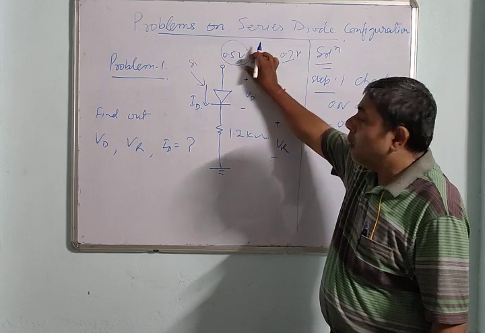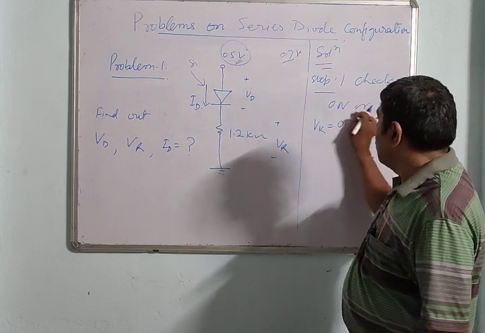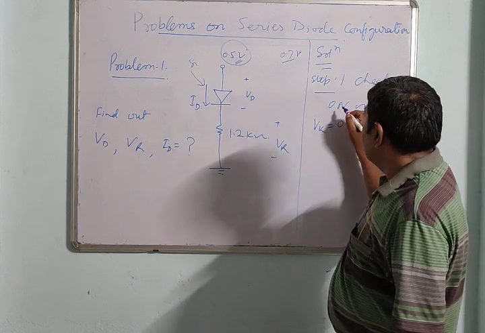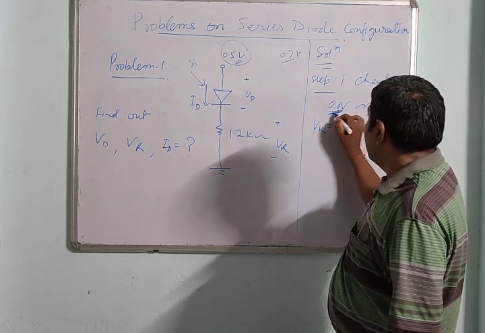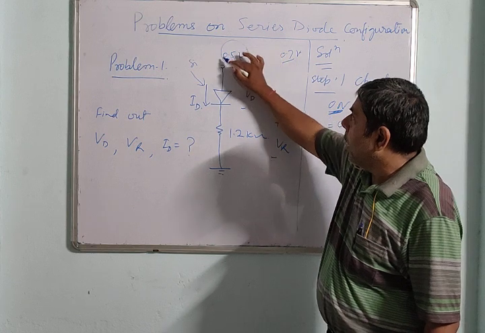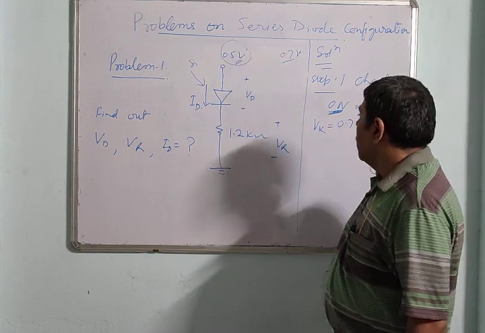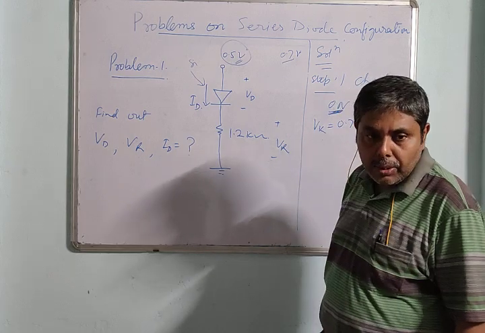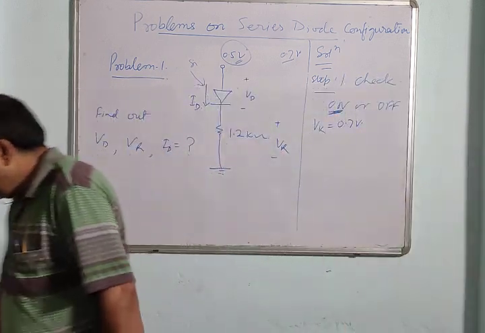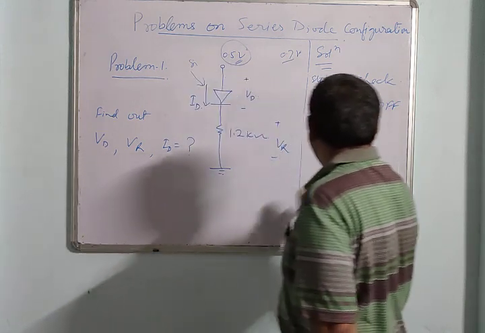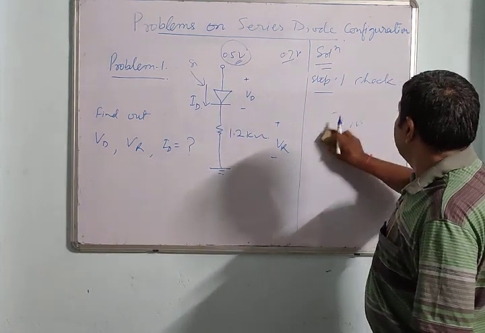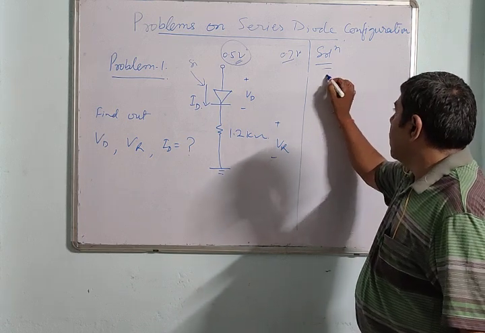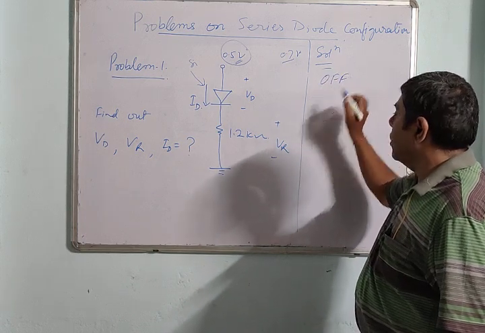So this applied voltage must be greater than 0.7 volt to conduct this diode. This diode is in on state if the applied voltage is greater than this. So now you can see the condition for this diode. For this configuration, the diode is in off state.